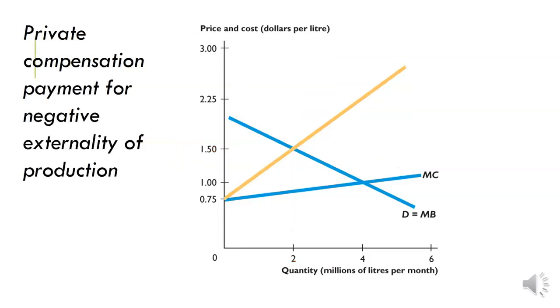What about private compensation payment for a negative externality production? So this is what's sometimes called a Coase theorem solution, in which you don't have government imposing tax. What instead you have is that the government allocates private property rights over the resource that's being used by both parties, by the bystanders or the people who are affected, and the producers, the factory owners, say.